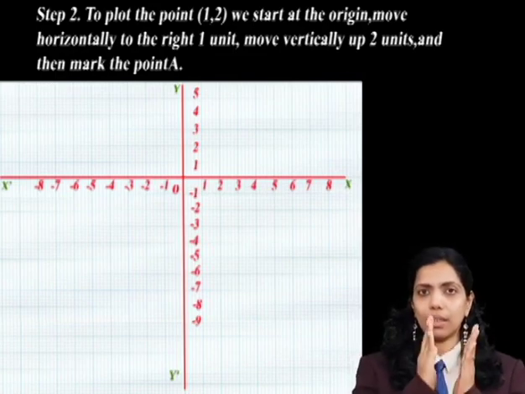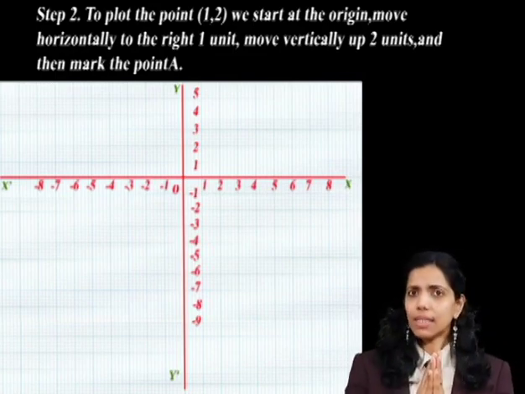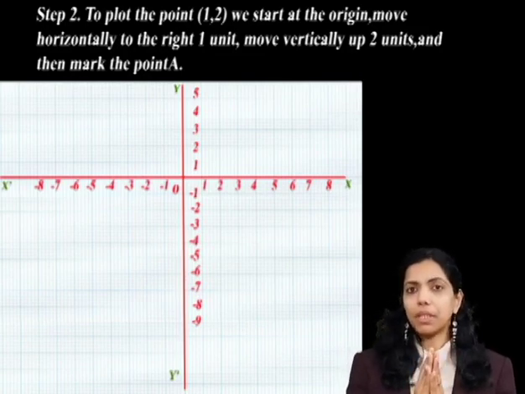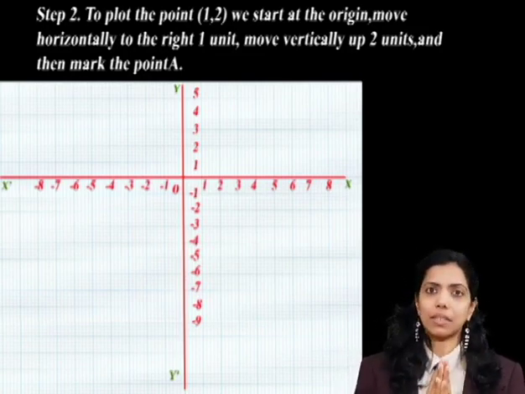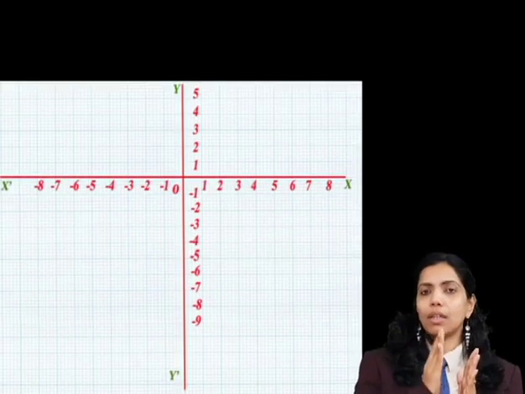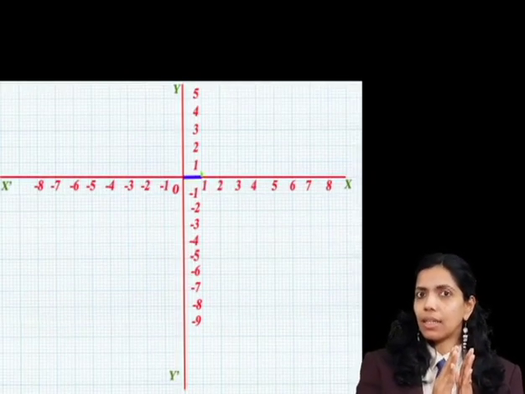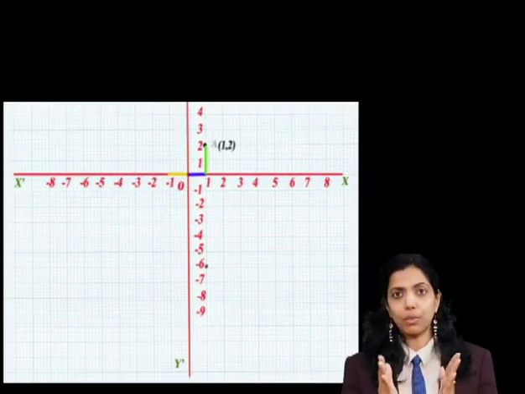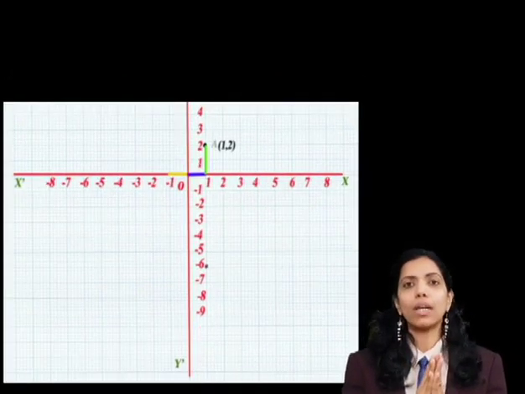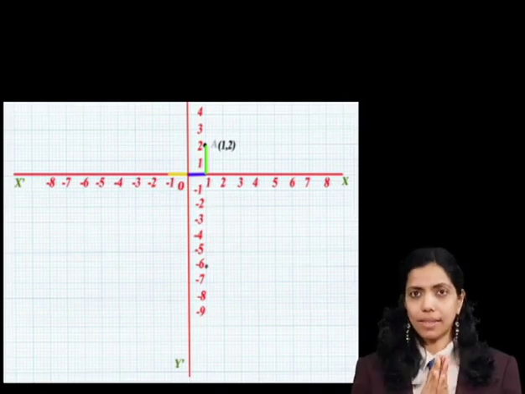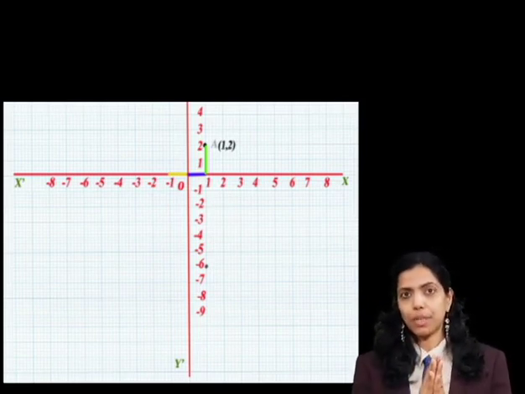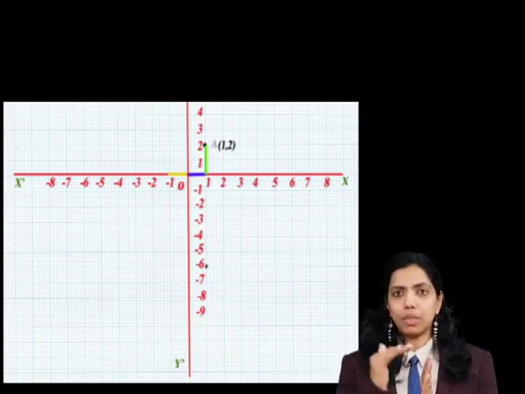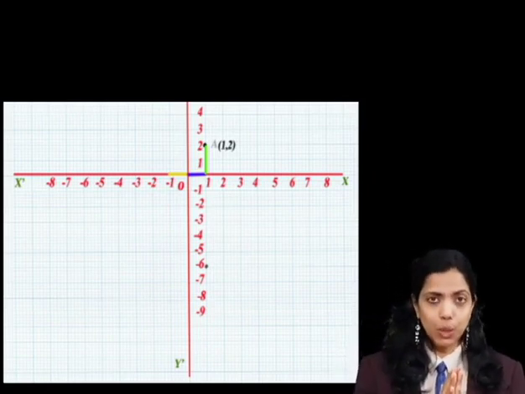So we are checking the x coordinate. What is the x coordinate of a point? The x coordinate is the perpendicular distance from the y-axis. So we have to travel from the y-axis in the positive direction. Why the positive direction? Since the coordinate is 1, I have to move 1 unit from the y-axis in the positive direction of the x-axis. In the same way, the ordinate, or y coordinate, is given as 2.